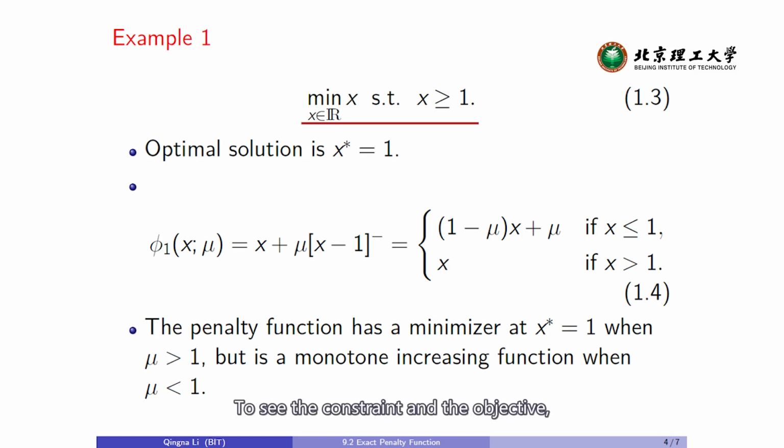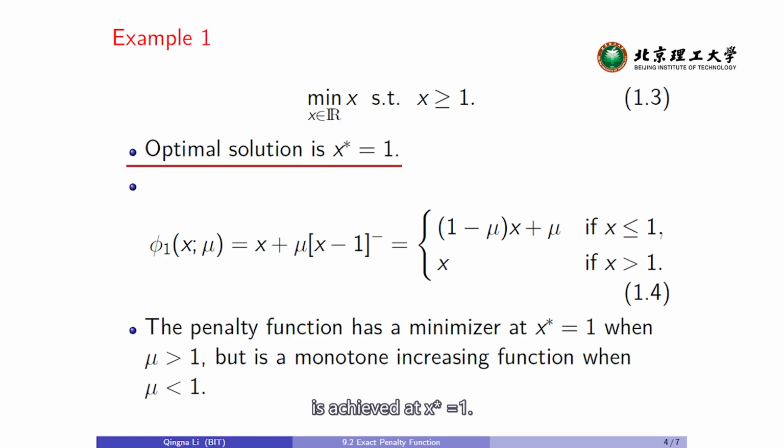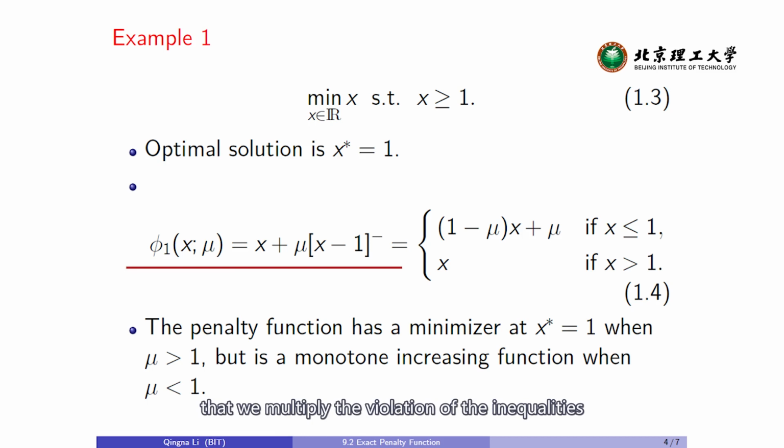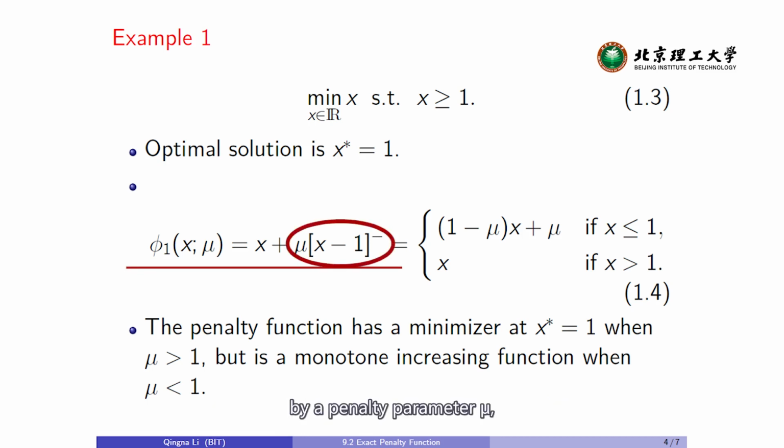From the constraint and the objective, we can easily find that the optimal solution is achieved at x star equals 1. If we take a further look at the L1 penalty function, it takes the following form: we multiply the violation of the inequality by a penalty parameter mu.